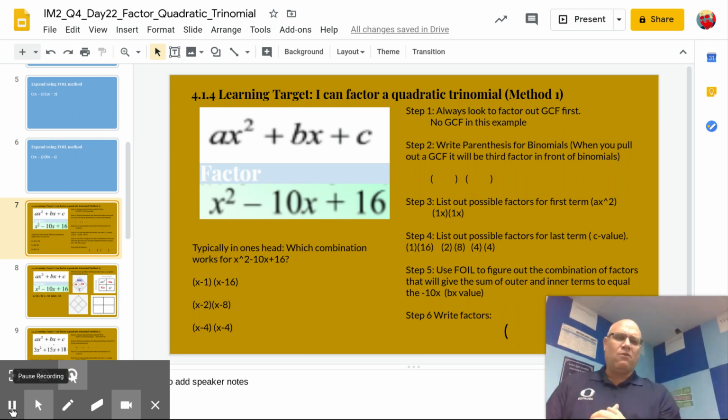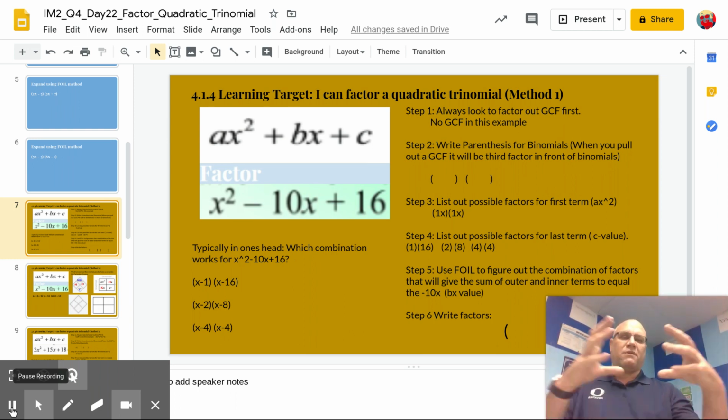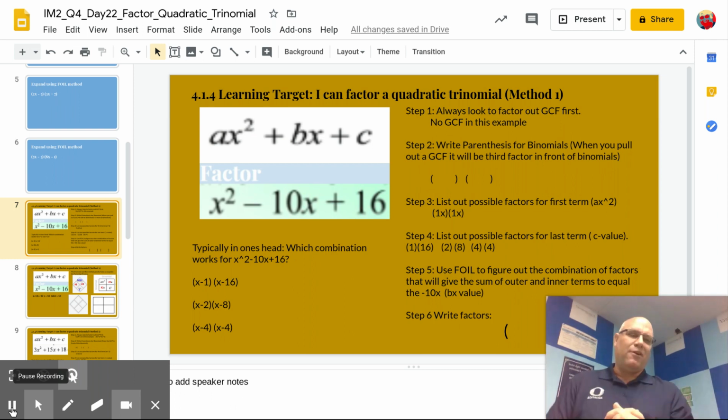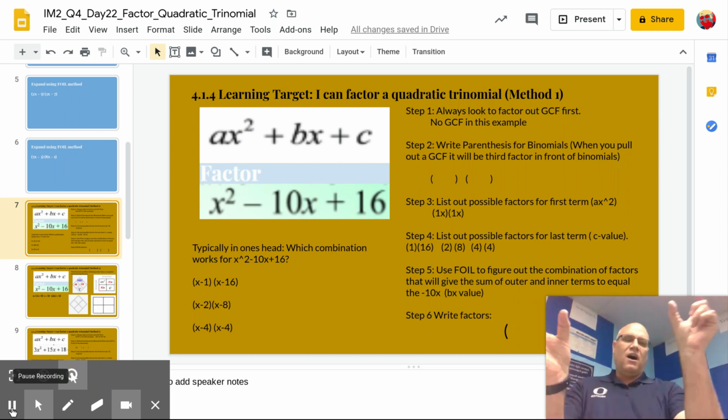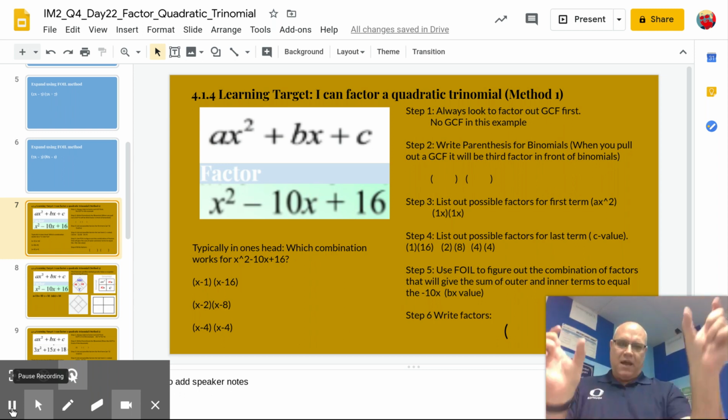Now, some of you might be thinking, wait a minute, Mr. Blank, what about 1x squared times 1? You're right, that's a possible factor pair, but it's not going to work in this binomial situation. Because then you'd have a 1 as your first term in one of the binomials, which would just combine with the other number, and you wouldn't have a binomial. So we know you're going to be pulling out the x from both factors.